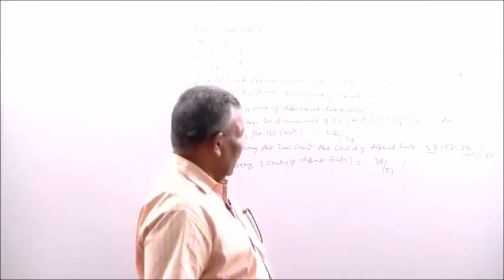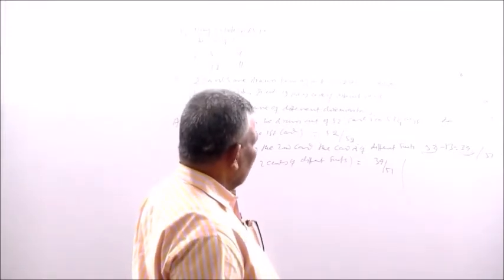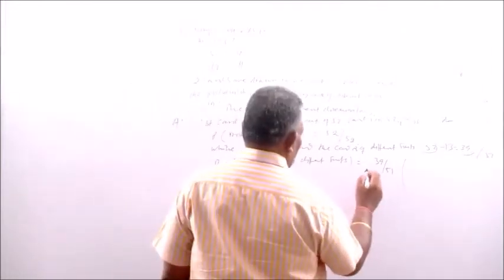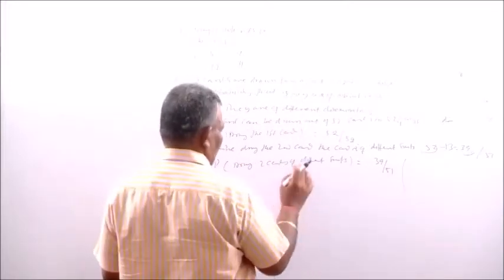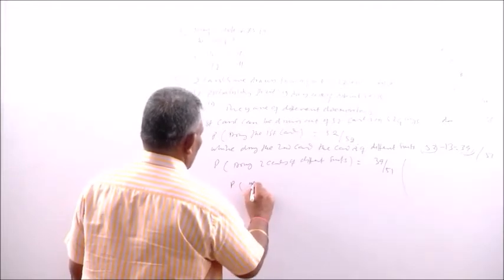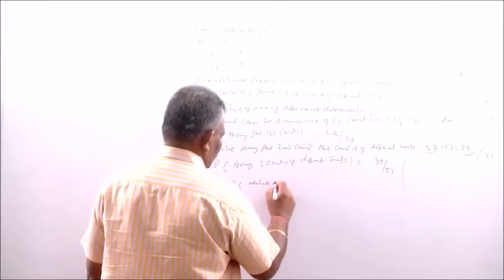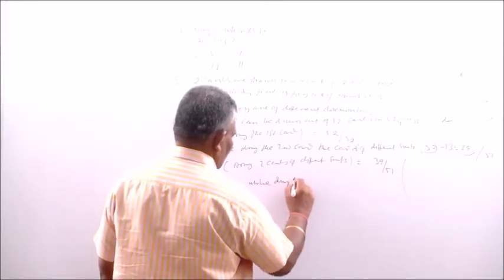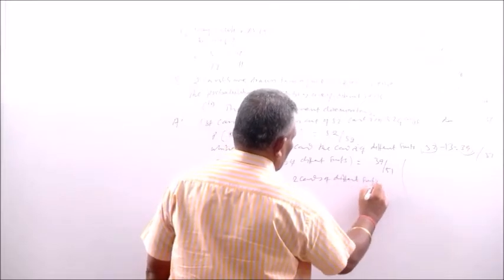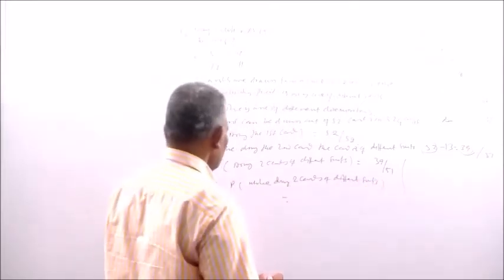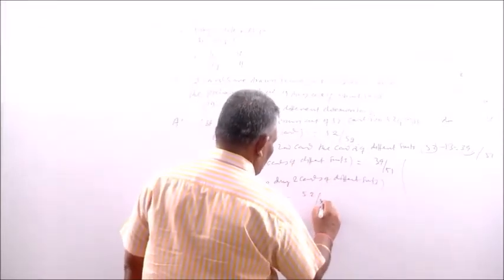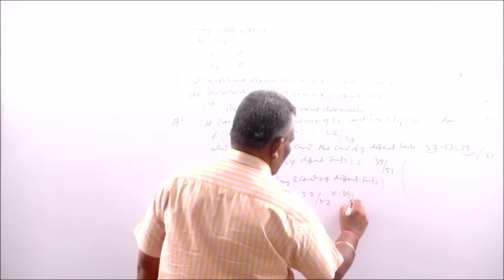So we have 39 out of 51 cards from which to draw the second card. So the probability of drawing 2 cards of different suits equals 52 by 52 multiplied by 39 by 51.